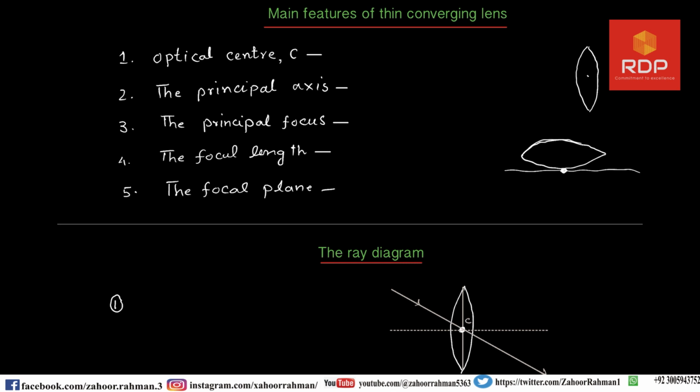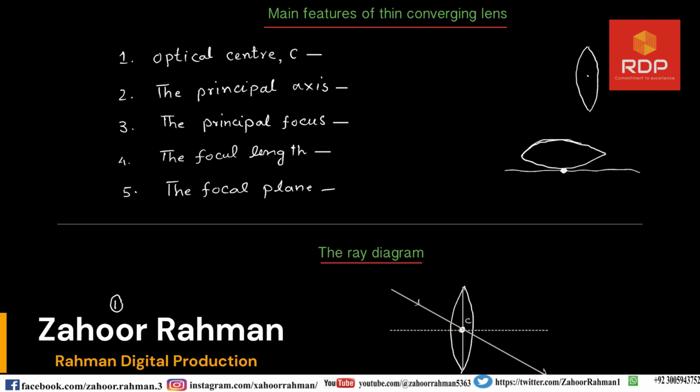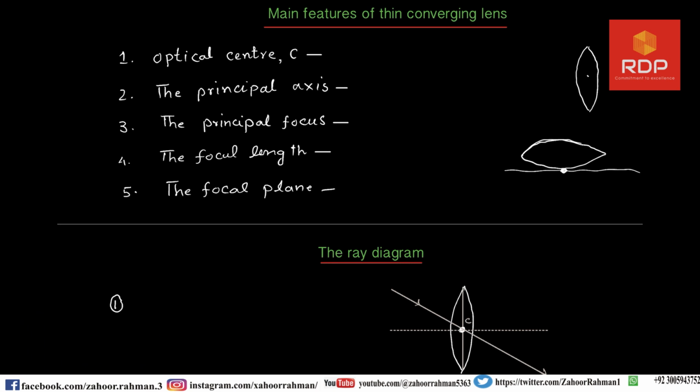That will be known as the optical center. Let us discuss it for a symmetrical biconvex lens. This is the point midway between the lens surfaces on its principal axis. We will discuss what the principal axis is.